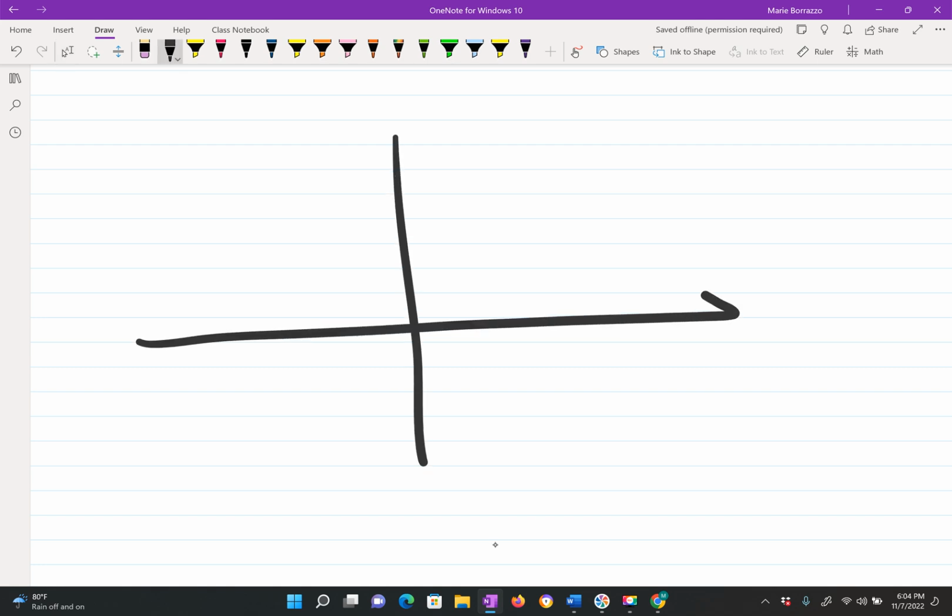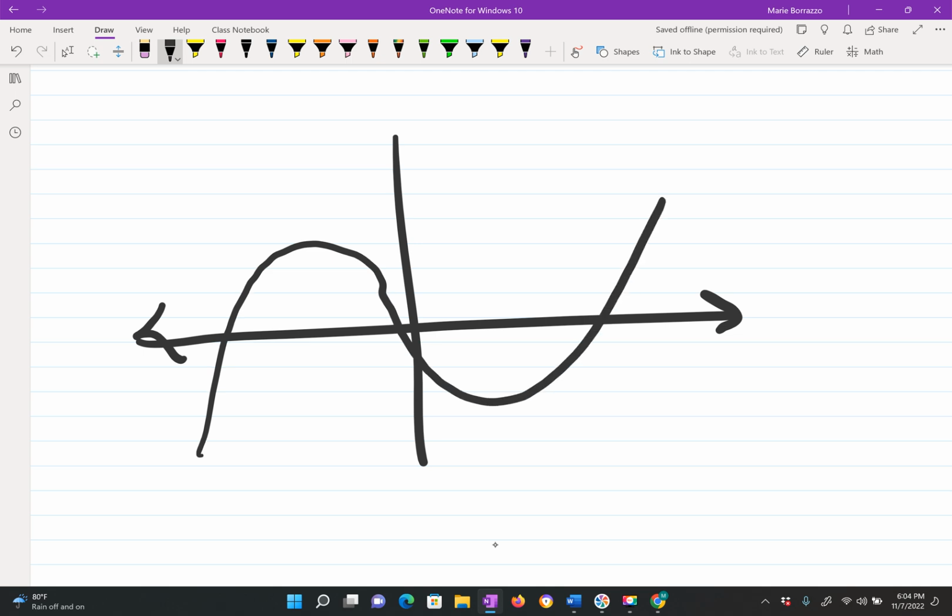Okay, so here's the thing. I'm going to give you a graph, and that graph is going to have some sort of equation doing some dance like this. And I'm going to ask you to find the intervals where the concavity, remember second derivatives and we talked about concavity, is either concave upward or concave downward.